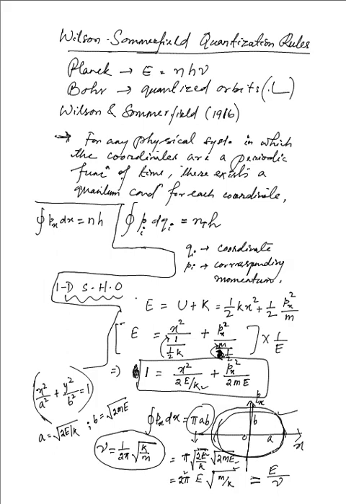And here at the bottom of the page, px dx integrated over the closed loop is equal to the area of that ellipse, and that area enclosed is equal to e by nu. So that means this thing over here is e by nu, and that is equal to nh, and this implies that e equals n times h nu, which is exactly what I discussed.